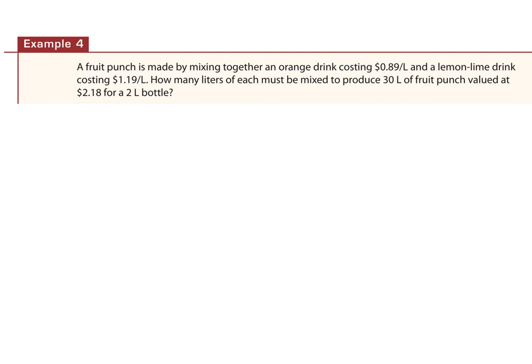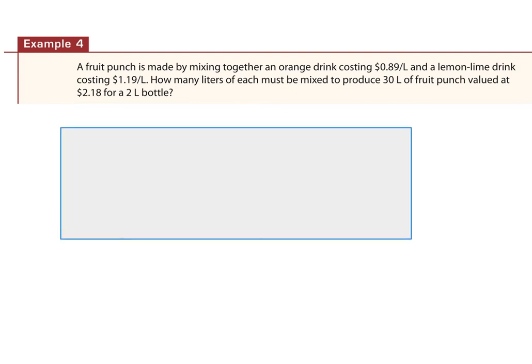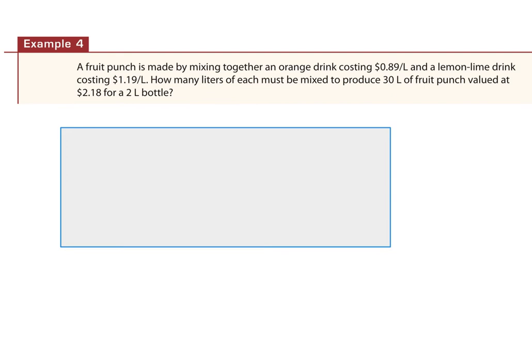All right. So in this case, you're typically going to have 3 when you draw a chart. So we've been doing 2 rows, and you're actually going to have 3 because you're going to have your 2 pieces of it and your final mixture. So you're still going to draw a chart, but a little bit differently, because you have 2 things that you're mixing together to come up with a final mixture.